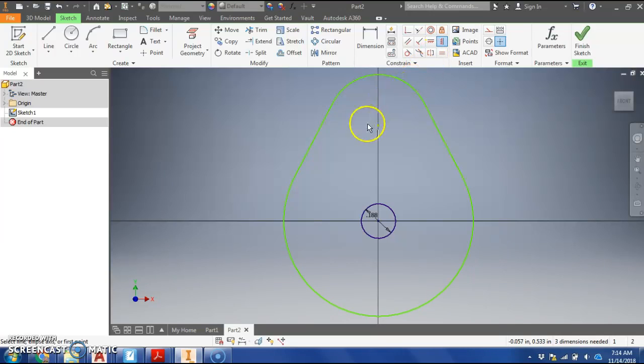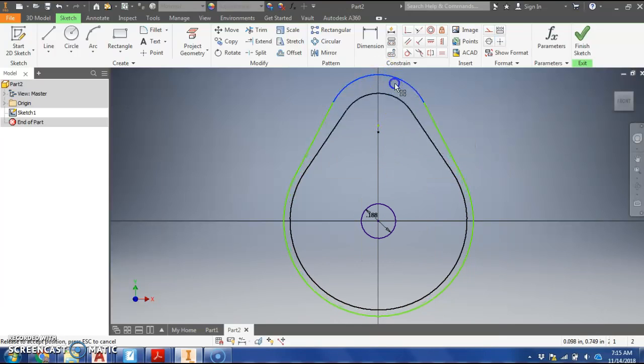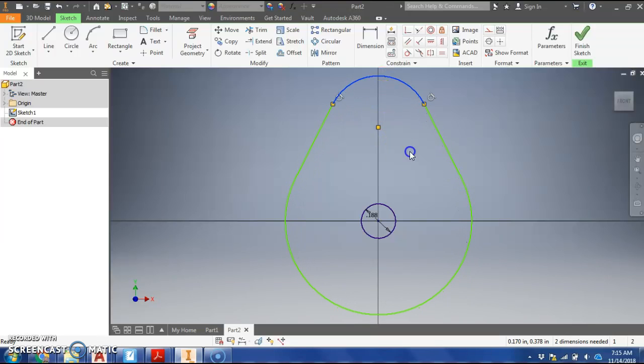Now I'm going to make sure that my center point of my top arc remains in line with my bottom, with my origin. So I'm going to select my vertical command and select my center point of both circles, and they should be lined up. So I should not be able to move this left and right. It just moves up and down.